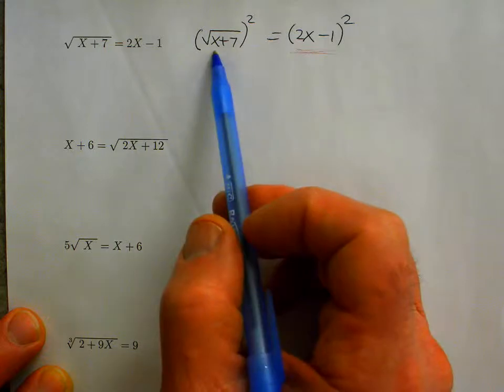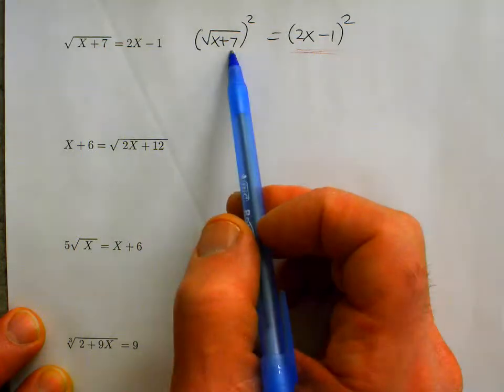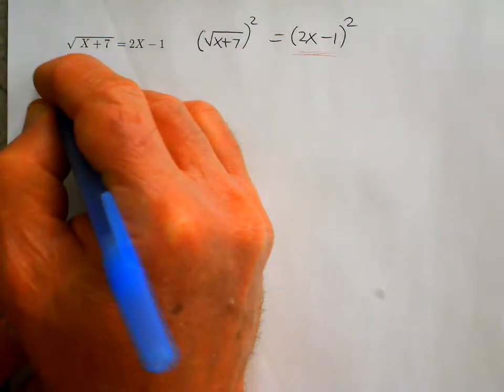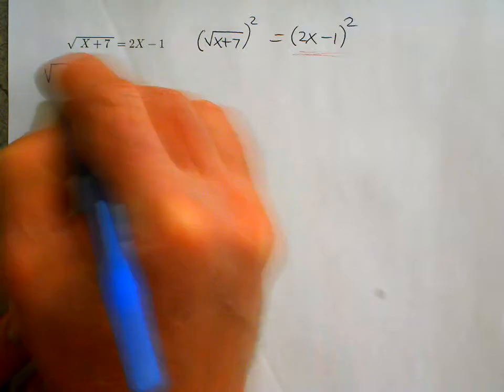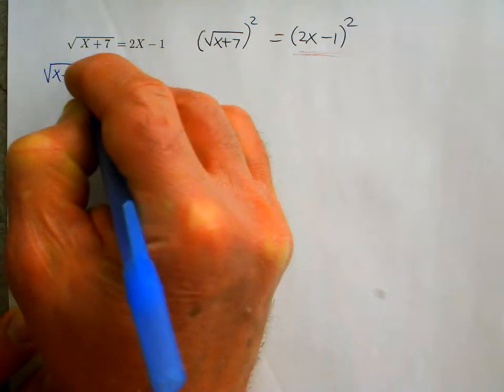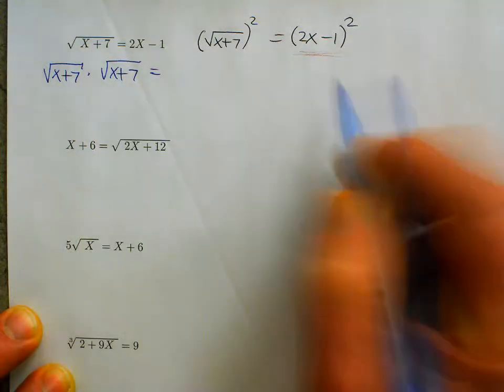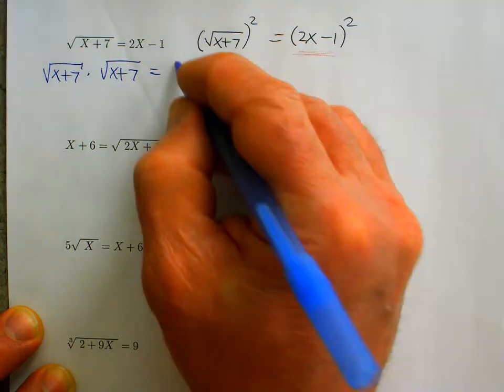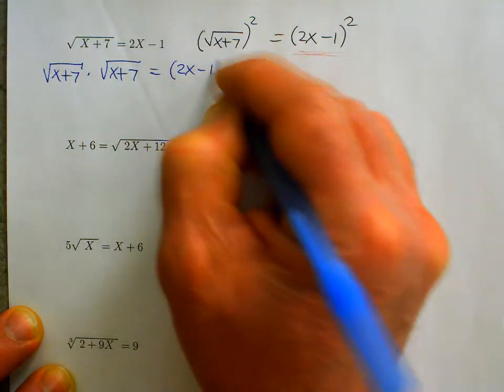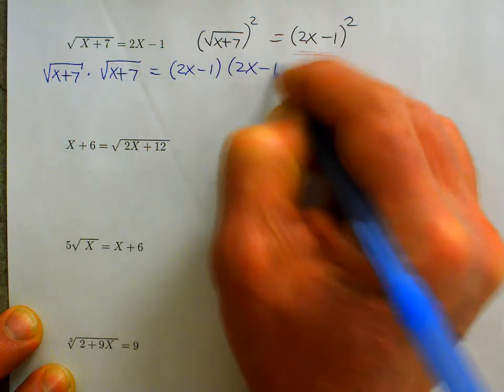When we square the square root of x plus 7, well, I'll go ahead and write it. It's the square root of x plus 7 times the square root of x plus 7. And when we square 2x minus 1, we multiply 2x minus 1 times 2x minus 1.